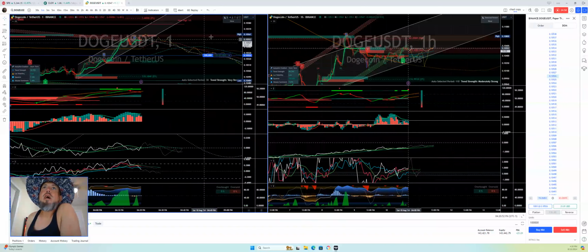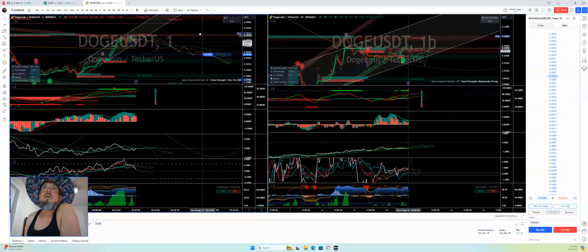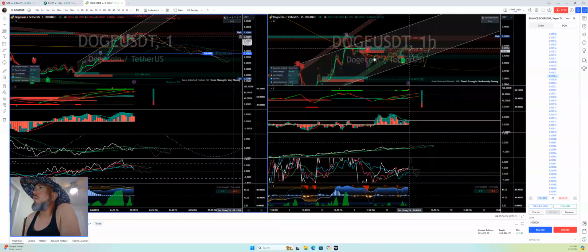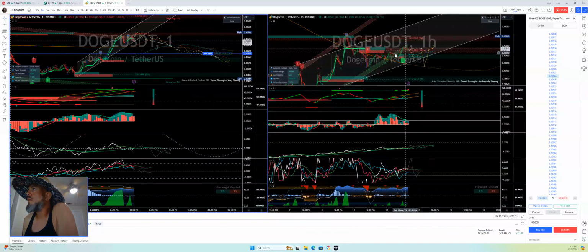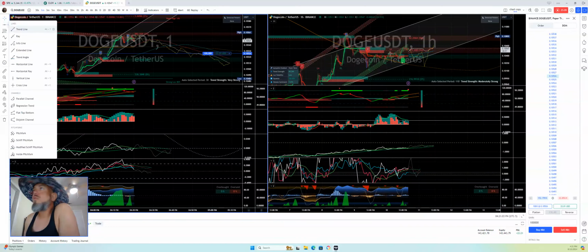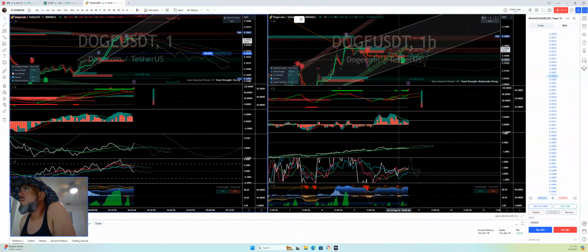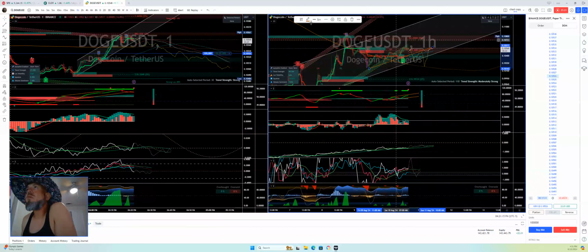Yeah, so the algos are pointing down. It's been pretty much in this range here. So I can draw a trend on that one too. So here you could say here to there to there.